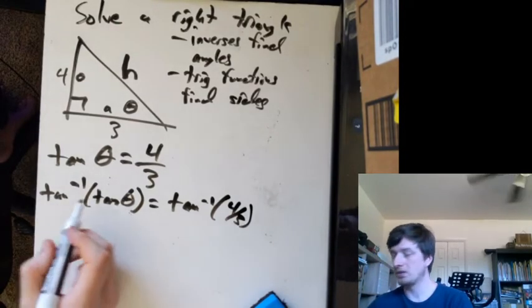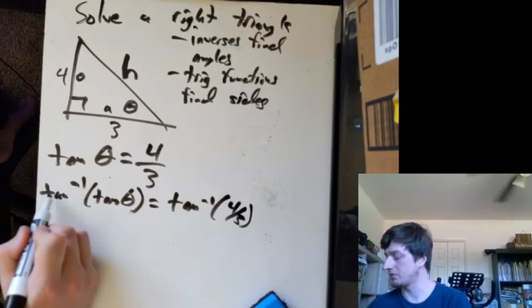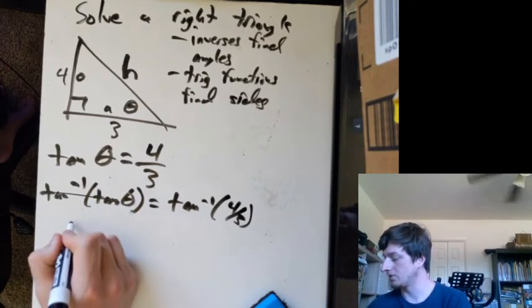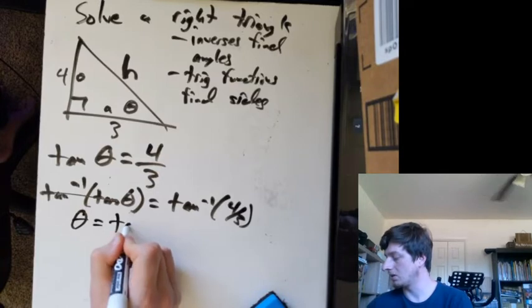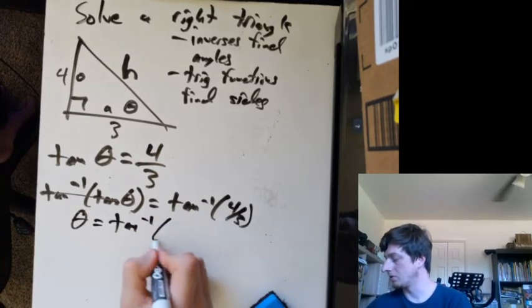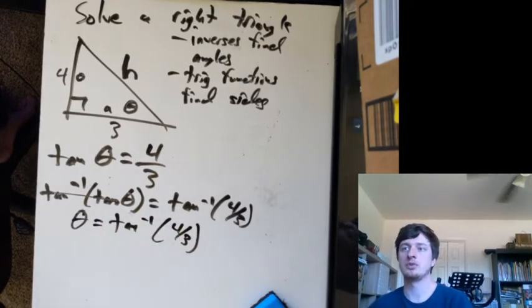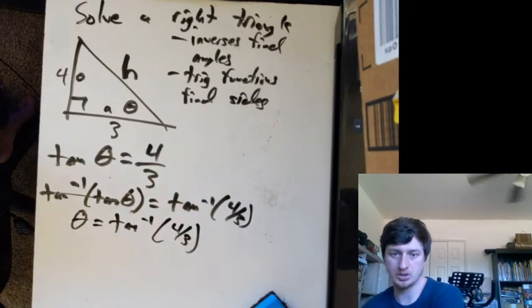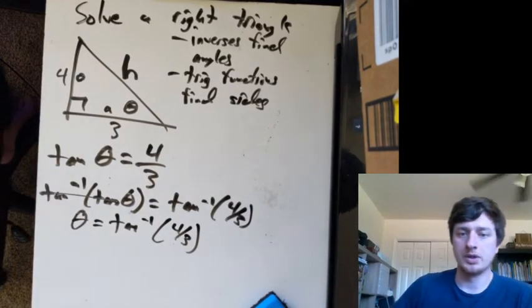Okay? And then these cancel out. This tan inverse of this tangent cancels out. And so we get theta equals tan inverse of 4 over 3. Hopefully you remember this from geometry.